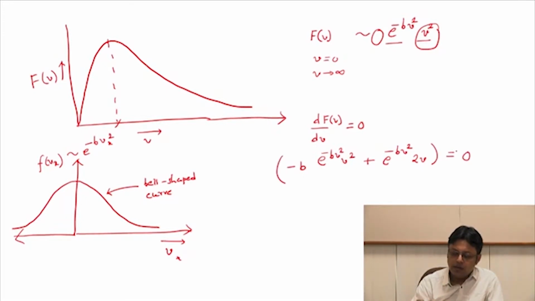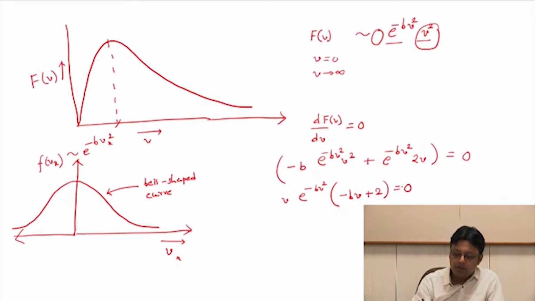Now what you see here is a very interesting thing. If I take v and e to the power minus bv square common, then we'll have minus b into v plus 2, that is equal to 0.